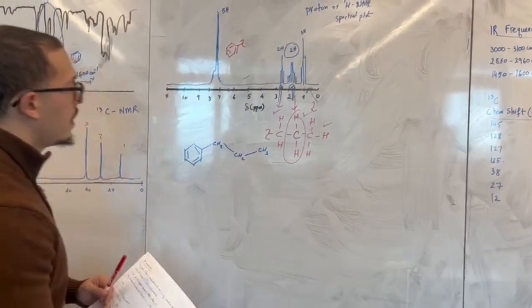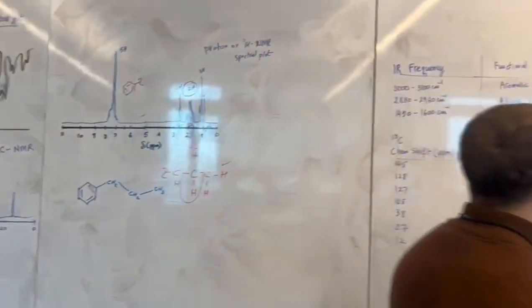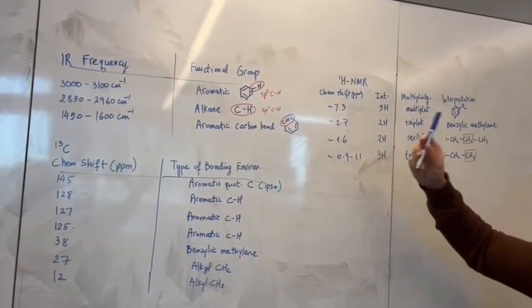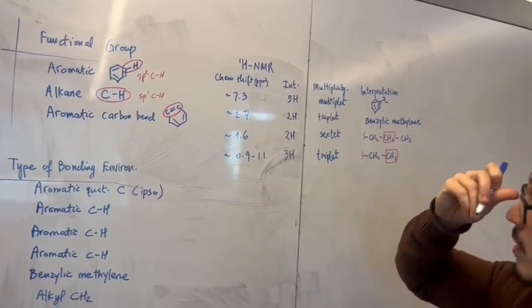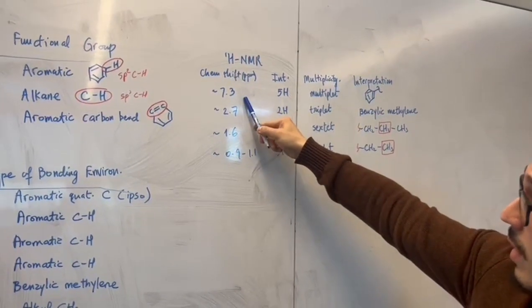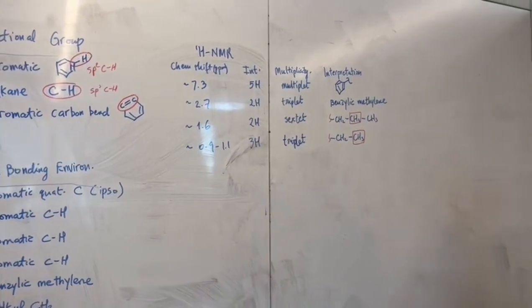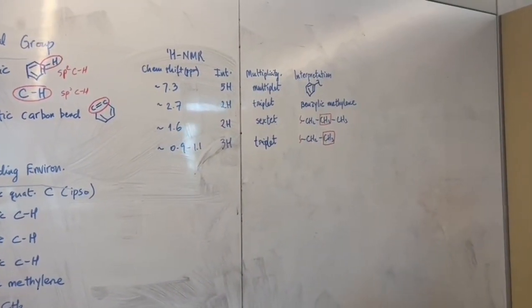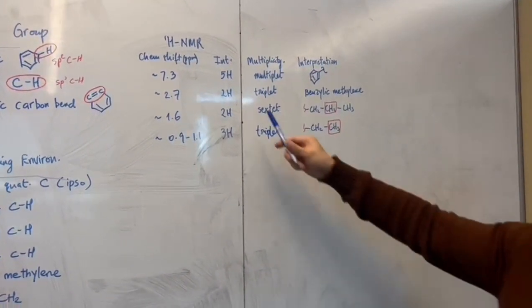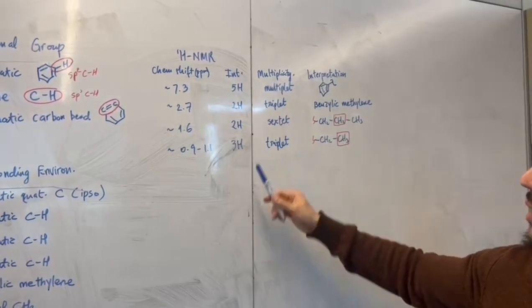Okay. I have this tabulated here, this table that I inserted earlier in the video. You'll see that here I have 7.3 ppm, 2.7 ppm, 1.6, which would be our alkyl group, 0.9 to 1.1, also an alkyl group. My integration: 5 hydrogens, 2, 2, and 3 hydrogens.